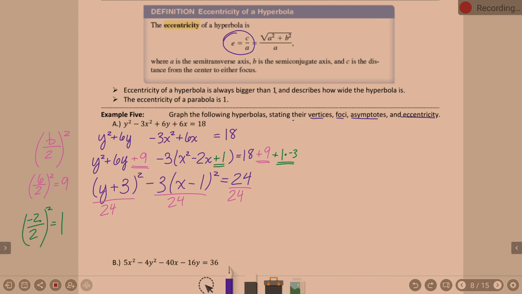And so now, y plus 3 squared over 24 minus, what about that 3 over 24? 1/8, right? So it's an 8 in the denominator. So x minus 1 squared over 8 equals 1.